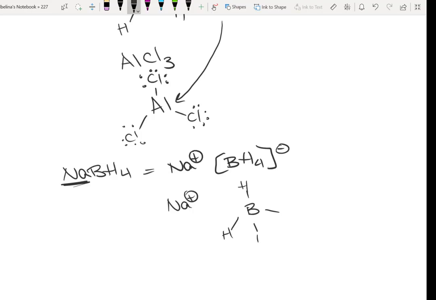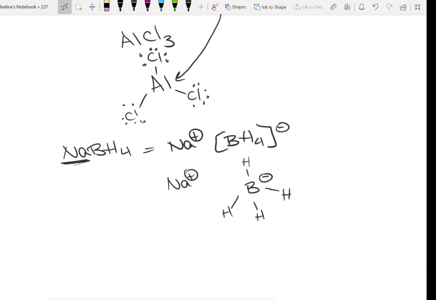Now that boron cannot have a formal charge of 0, because it's different than 3 bonds. So if you do the math, you have group number 3 minus 1, 2, 3, 4, so it's going to be -1. So of course the overall charge is there because there's only a charge on boron.